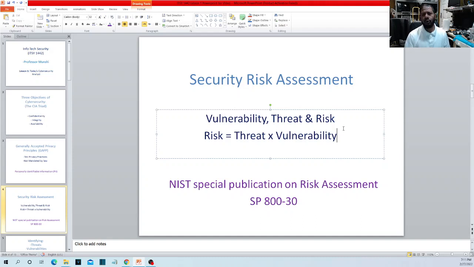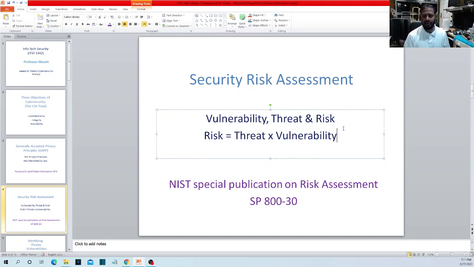What is a threat? A threat is something that could harm you, harm your computers, your system, your network, your digital assets. Something that can harm. What could that be? Could be a virus, malware, a worm, hackers, flooding, extreme heat or bad weather.